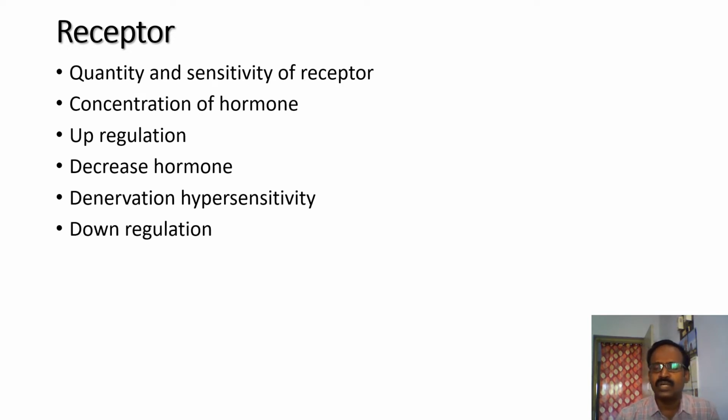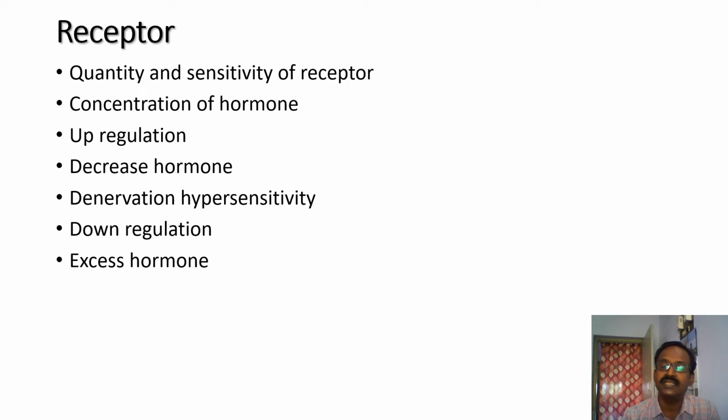When the hormone level is high for a longer time, that decreases the number of receptors. That is called downregulation. So excess hormone produces downregulation. When the hormone level is excessive, it will not give the exact, quick action.